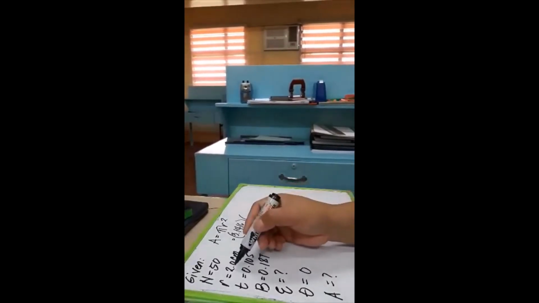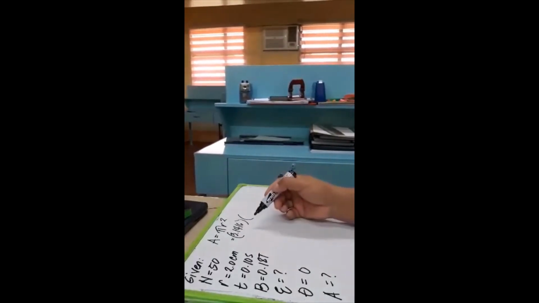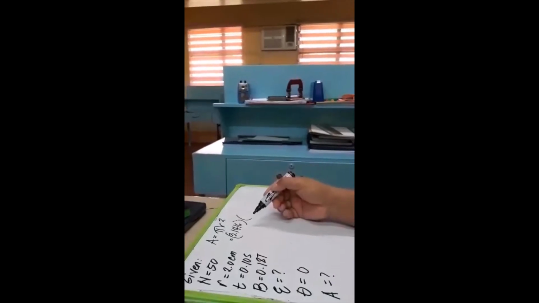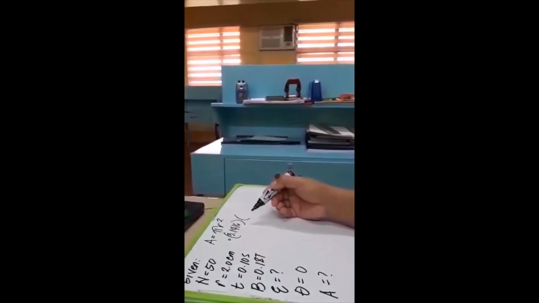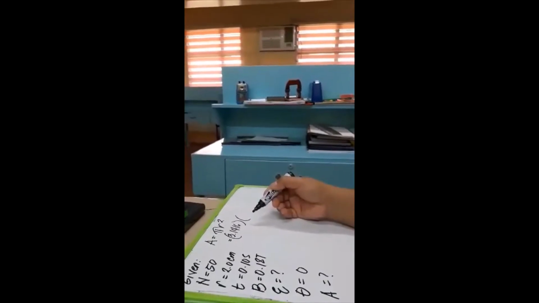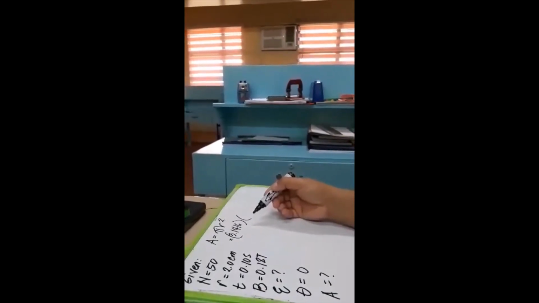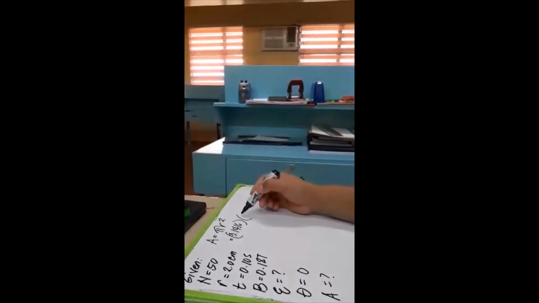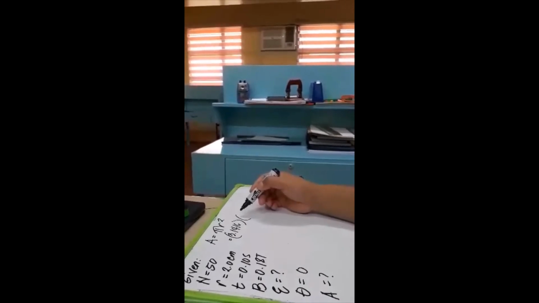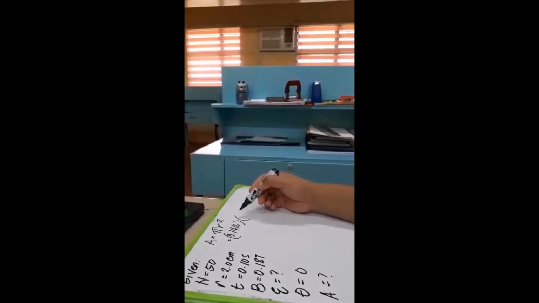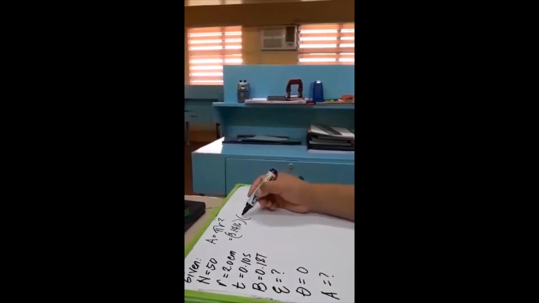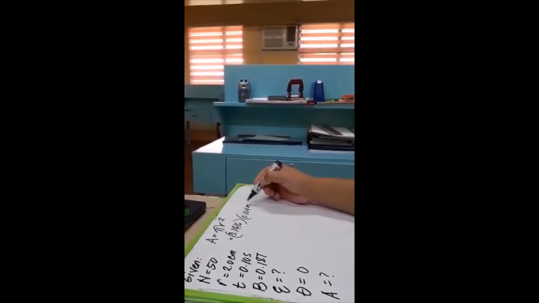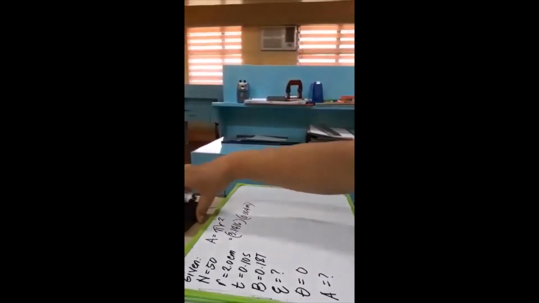We have our radius, which is 2.0 centimeters, we divide it by 1,000, so this becomes 0.004 meters.